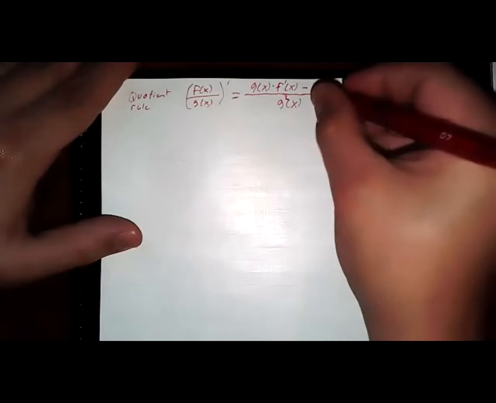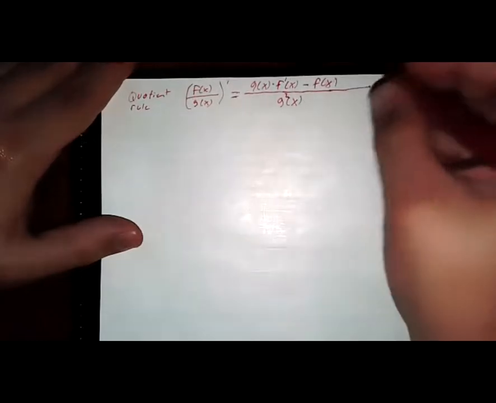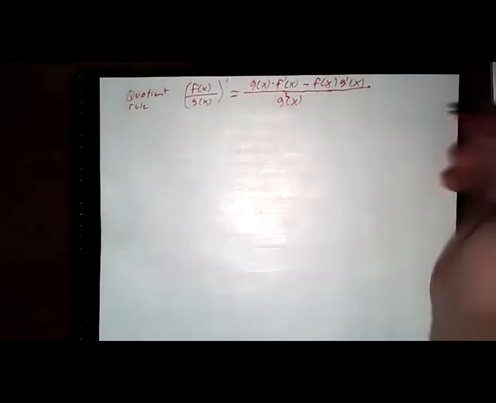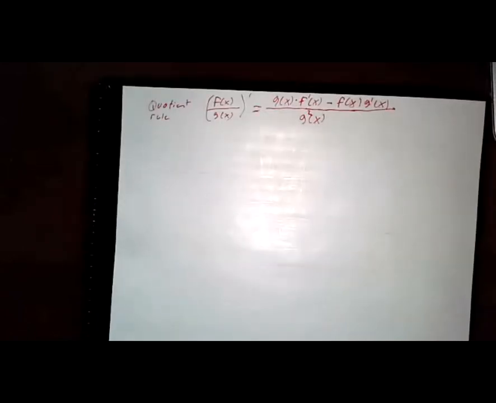I always look it up because I forget which one goes first, because the minus is important. The product rule, since there's a plus in the middle, it doesn't matter which one goes first. So if you mix it up, who cares? But quotient, it does matter. So I always double check.